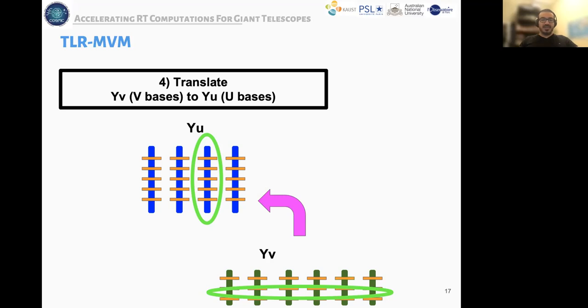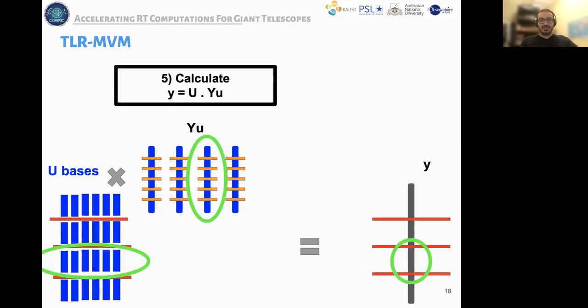And with that YU data structure, I can perform my last computational stage here, where I multiply the U basis by this YU transient matrix. And I get at the end basically my Y vector. And that operation, shown by those green circles, is done again by a batch matrix vector multiplication.